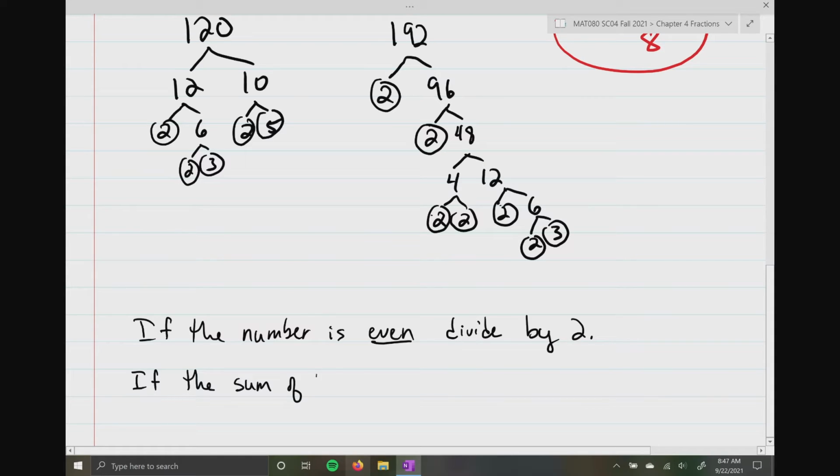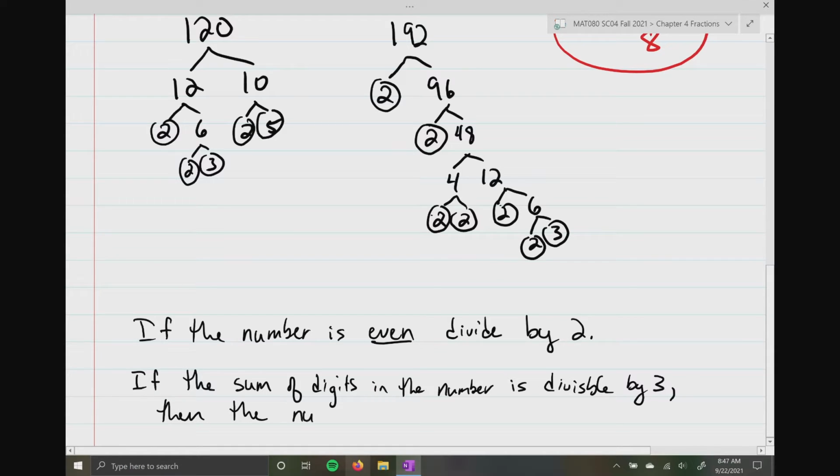The next divisibility rule: if the sum of the digits in the number is divisible by 3, then the number itself is divisible by 3.